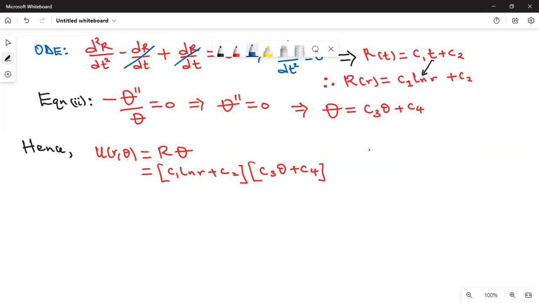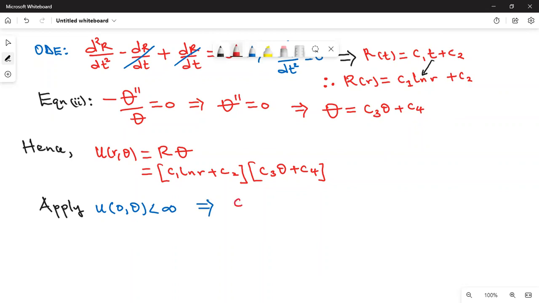So let's apply this. I can use another color. Our condition is that u of 0, theta is a value less than infinity. It is finite. So what do we get? Put r equals 0.